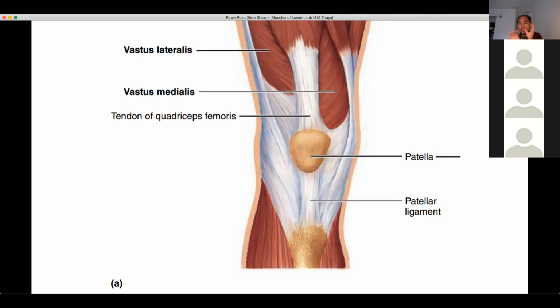A tendon is a very tight connective tissue. Ligament is also a group of connective tissue. They are structurally very different, but the only difference is a tendon, such as the patellar tendon, will run from the muscle to the bone. A ligament runs from bone to bone.